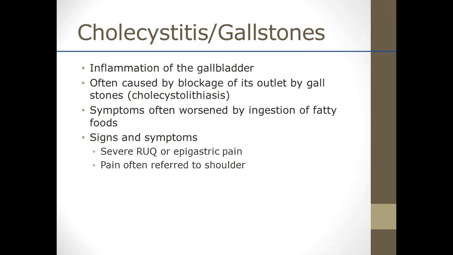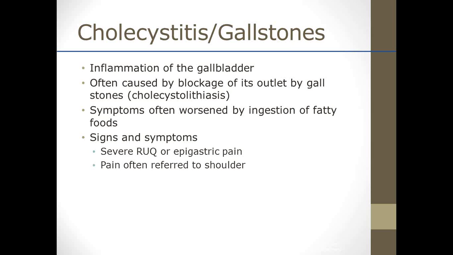Your gallbladder typically produces bile, which goes into your digestive system to help us break down our food and extract the nutrients from it. So when a stone gets stuck in there, the body can't release bile. Oftentimes this is going to make you feel nauseous.